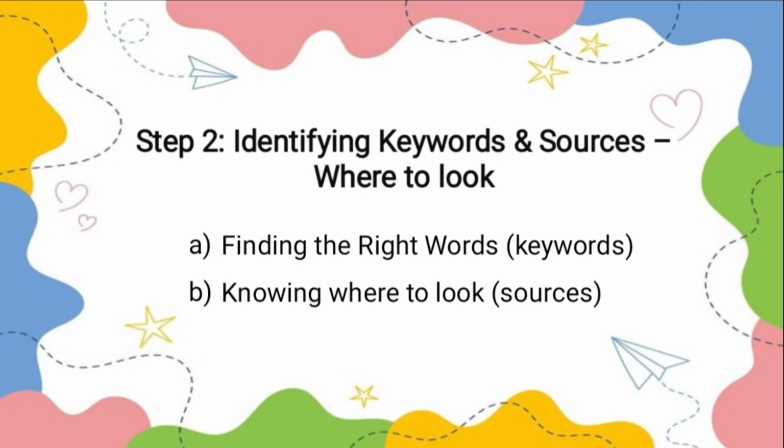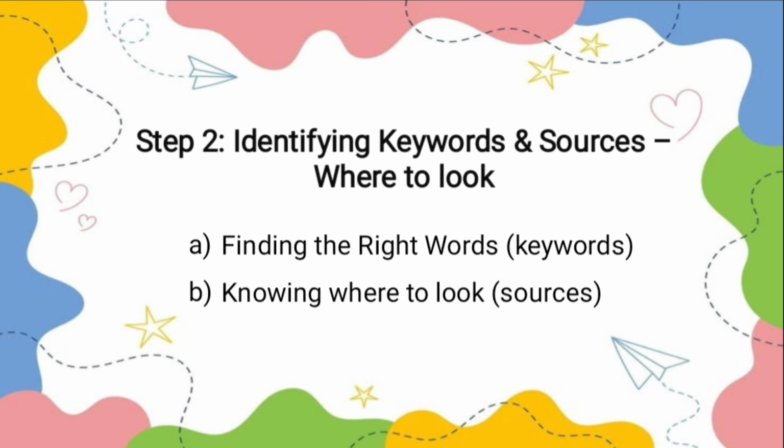They have access to many research articles, or Google Scholar, a search engine specifically for academic work. Then also academic journals, magazines where researchers publish their work. In short, step 2 is about figuring out what words to search for and where the best information on your topic can be found. This step saves you time and helps you find high quality research for your literature review.